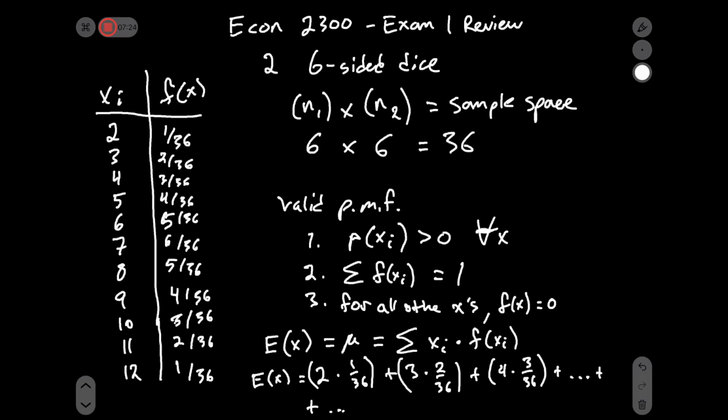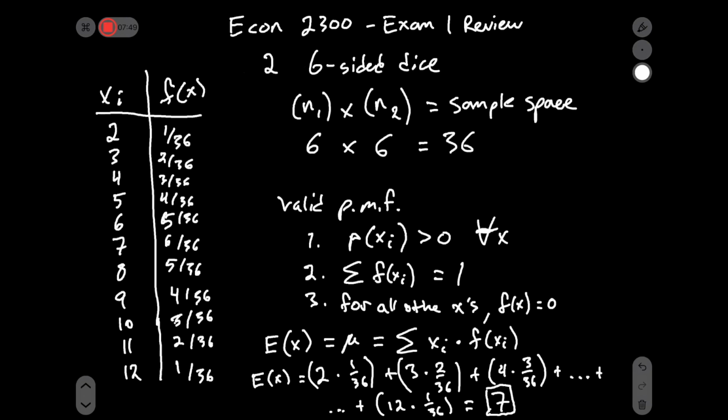And eventually, I'll erase that. Okay, and we get to the last term, that's 12 times 1 over 36. If we were to add all of these up, what we would find is the answer is 7.